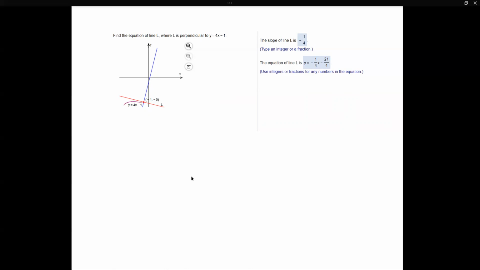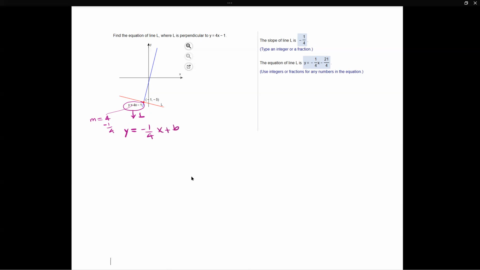It looks like we have the line. Since we know the other line is perpendicular, it means its slope is the opposite reciprocal. So you will take the 4, which is the slope, and it will be 1/4 and the opposite sign, negative 1/4.